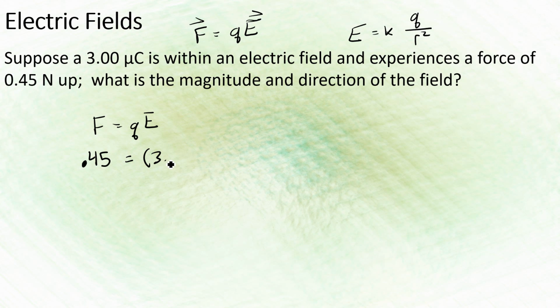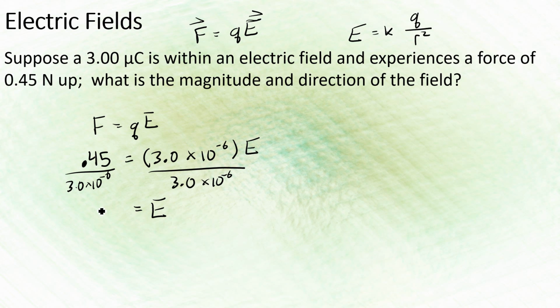Our charge is 3.0 times 10 to the negative 6. And we're looking for E. So we'll divide both sides by this 3.0 times 10 to the negative 6. And by the time we put that into our calculator, we will get an E of 15,000 newtons per coulomb.